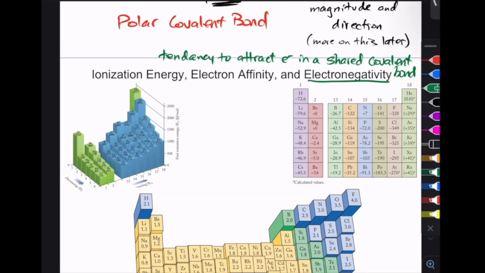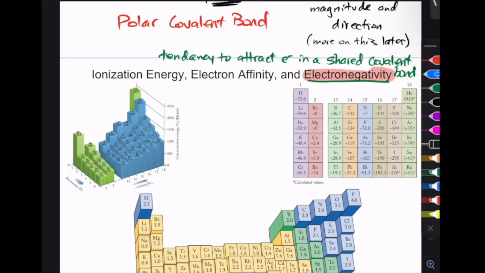That's more of a formal definition of what electronegativity actually is. But you can think of it the same way that we've already thought about ionization energy and electron affinity. And the trends are exactly the same. So I'm not going to go over again what ionization energy and electron affinity is. If you don't remember, go ahead and review that last lecture from chapter 3.